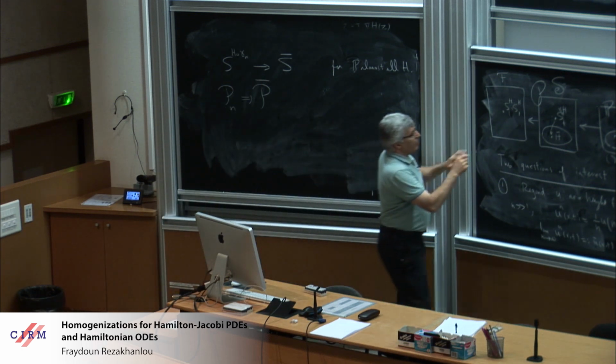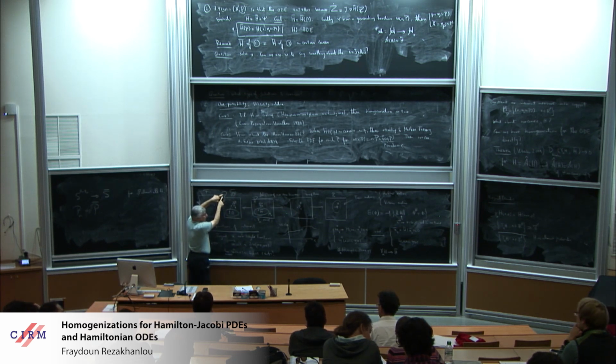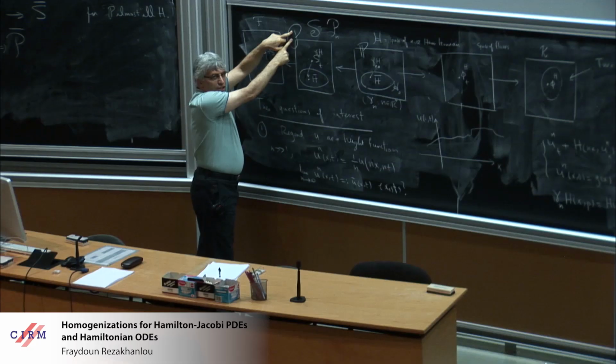So again, you started with this one, that would yield this one, and via rescaling, that would produce a family of probability measures Pn out of this P. If this one is translation invariant, this one is translation invariant.